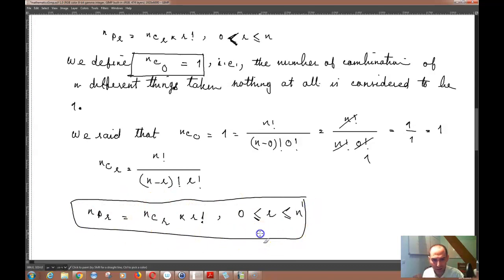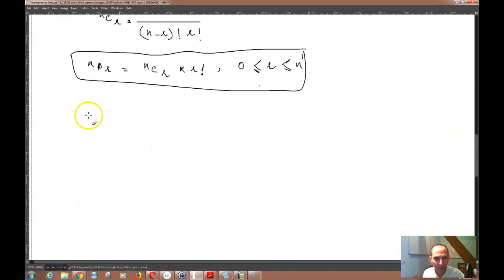Based on this, I can say that n combination r is the same thing as n factorial over n minus r factorial times r factorial, where 0 is less than or equal to r, less than or equal to n.